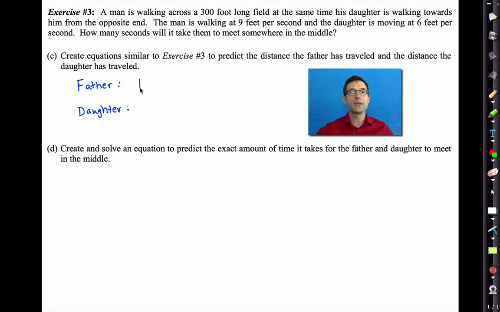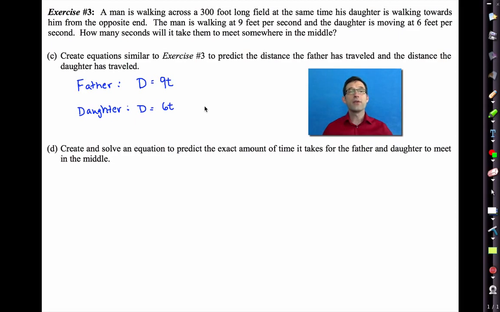So for the father, this is going to be simple. The distance he's traveled will be the rate, 9, times the amount of time, t. So why don't you write down the distance the daughter has traveled? All right, that should be easy. The distance the daughter has traveled is 6t.